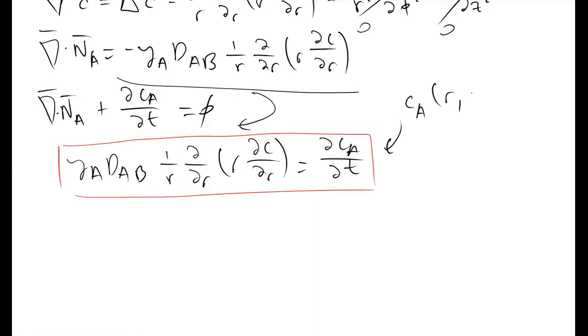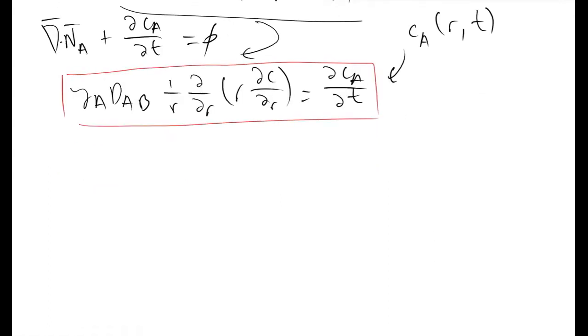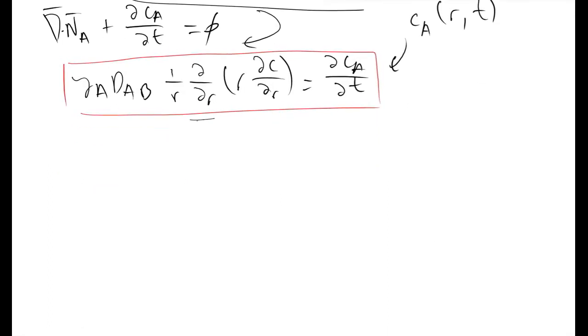CA is a function of the radial component as well as time. Because we have a second partial derivative with respect to R and a first partial derivative with respect to time, we need two boundary conditions for R and one boundary condition for time, t.